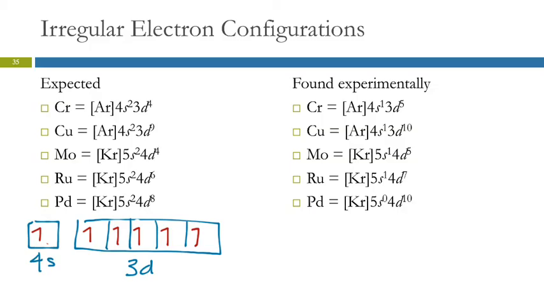So there's a Groupon deal that if you've got half full rooms between the s and the d, or you've got completely full, there's some discounts available, okay? So that's one example. Molybdenum does that too. We expect 4s2, 4d4. We get 5s1, 4d5, because then both of those are half full.